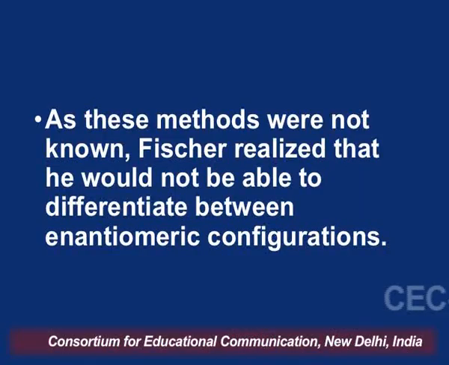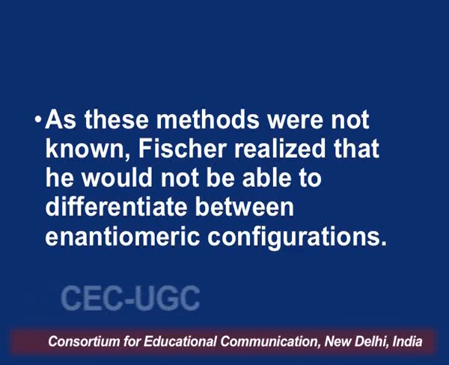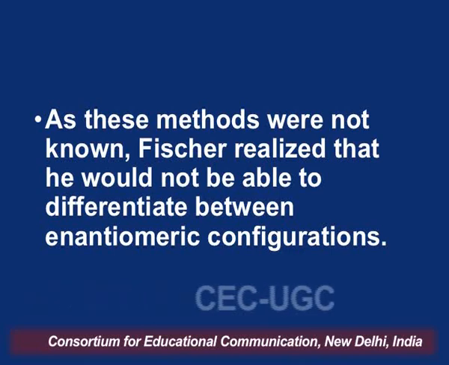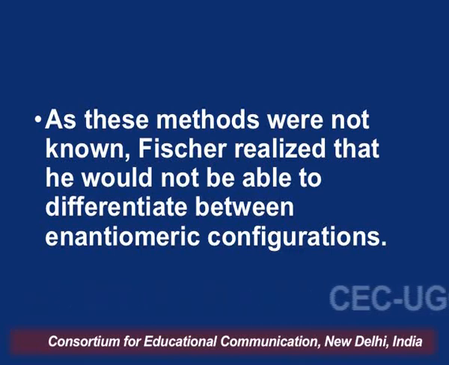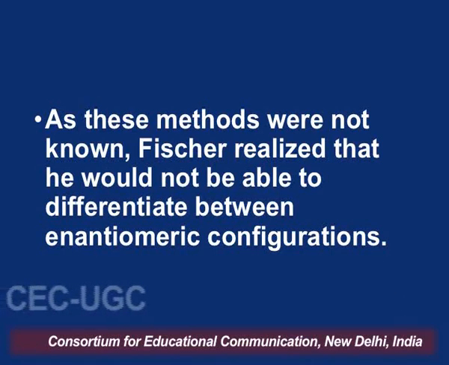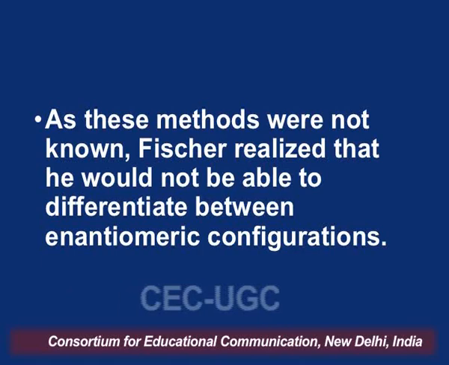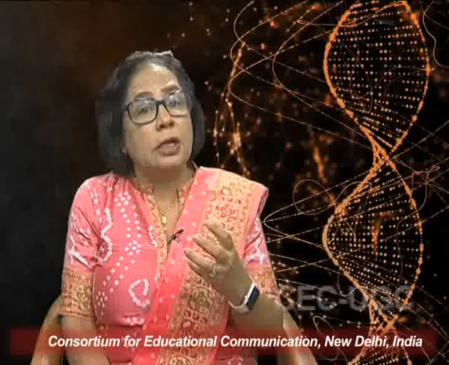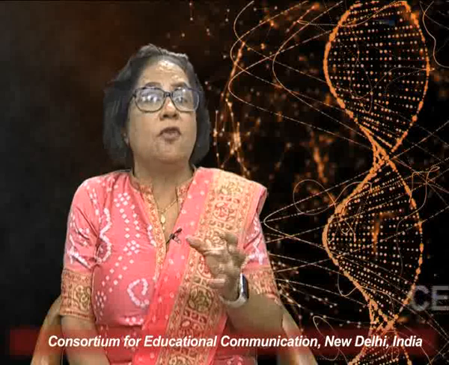As these methods of elucidation of structure with the help of spectroscopy were not available, and there was no concept of absolute configuration, Fischer realized that he would not be able to differentiate between enantiomeric configurations. So what he did was he used relative configurations.